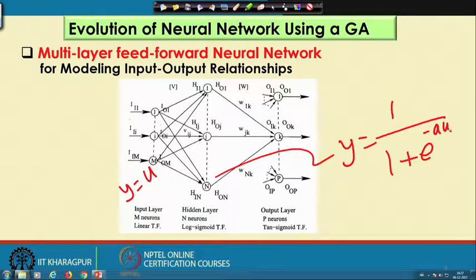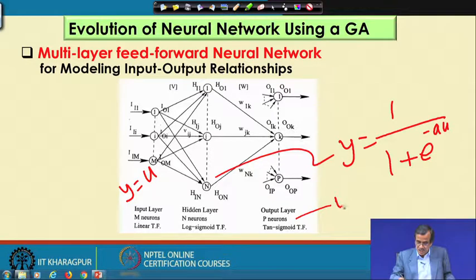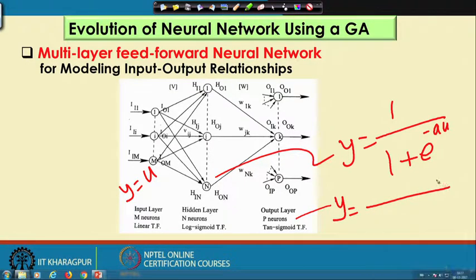So, this is the log sigmoid transfer function, and on the output layer I am going to use the tan sigmoid transfer function, and for this the expression I have already written, that is e raised to the power a u minus e raised to the power minus a u divided by e raised to the power a u plus e raised to the power minus a u.